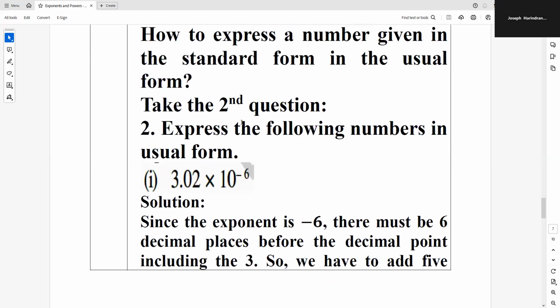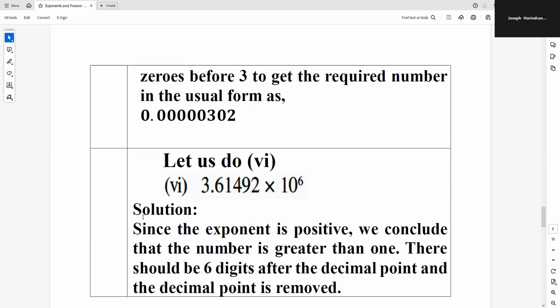This is written as 302 without the decimal point, because the decimal point has been shifted to the left by 6 places, by adding 5 zeros before 3 to get the required number in the usual form as 0.0000302. And that's the required answer for the first subdivision.